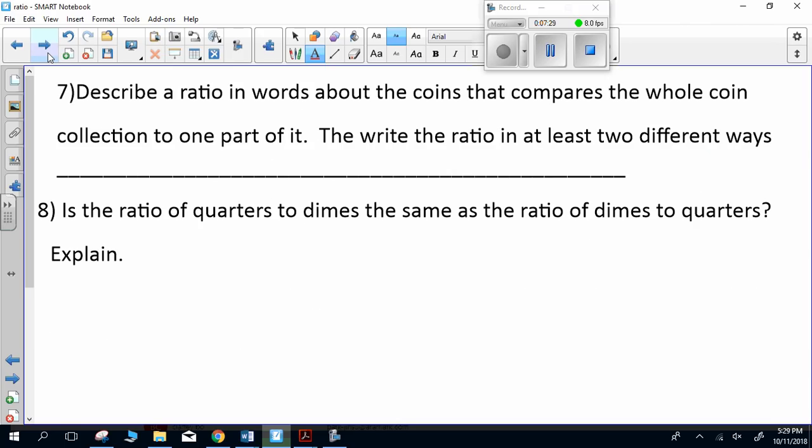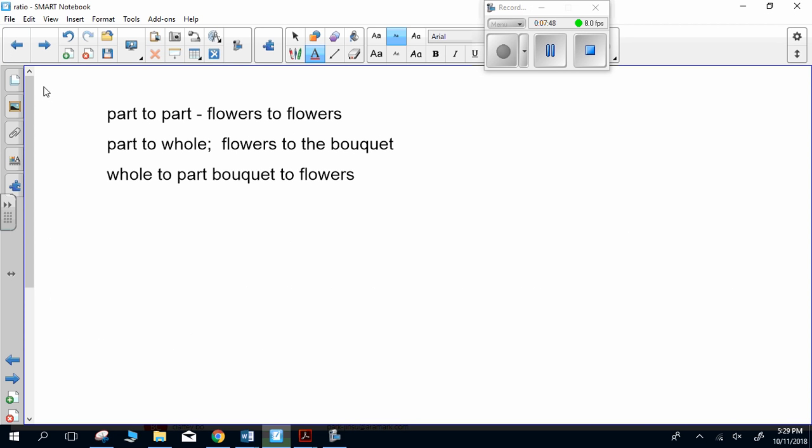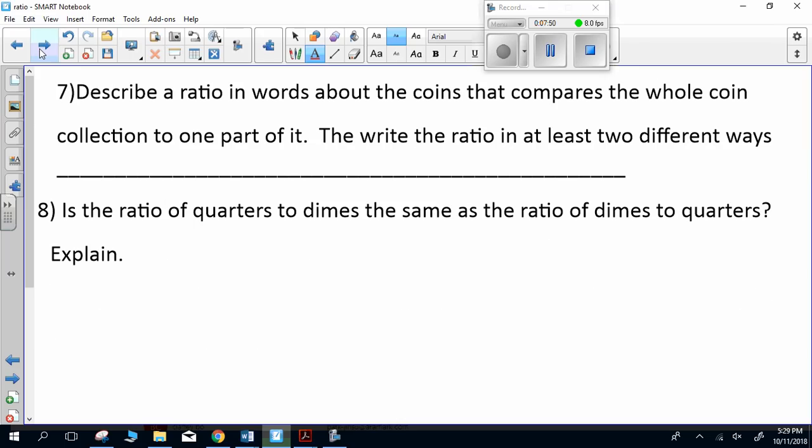Okay. So describe a ratio in words about the coins that compares the whole coin collection to one part of it. Write the ratio in 2 different ways. So we did a comparison of quarters to dimes. Now we're talking about whole to part.